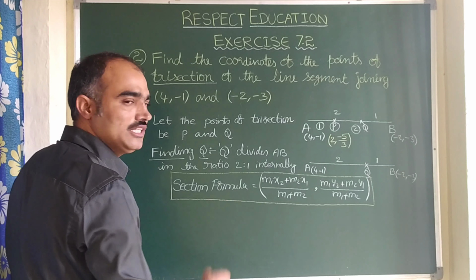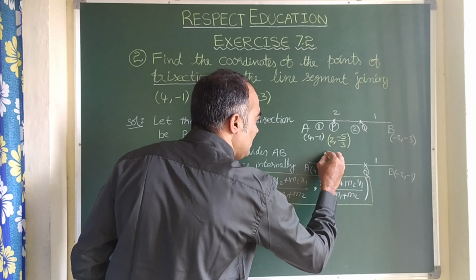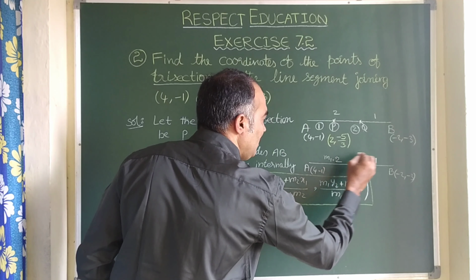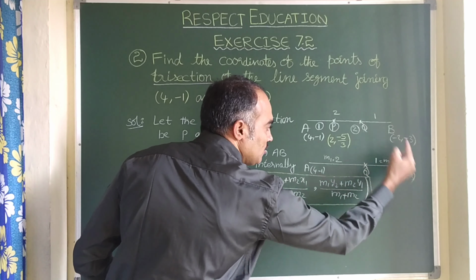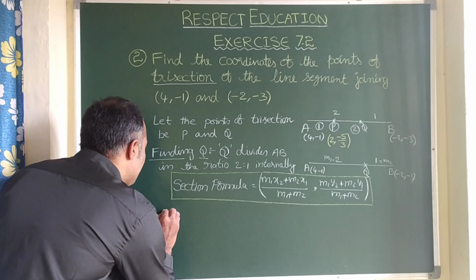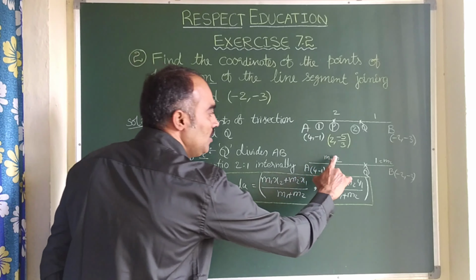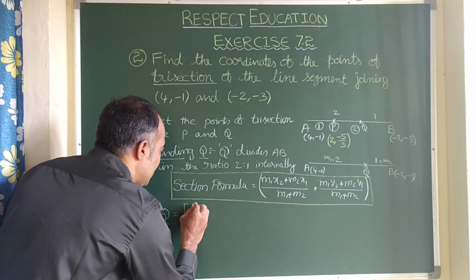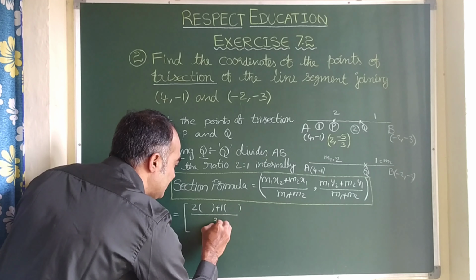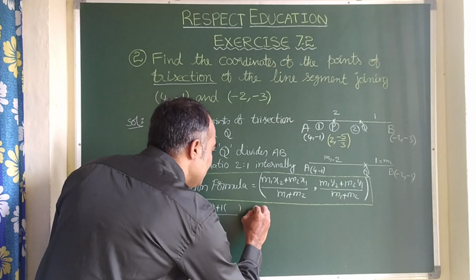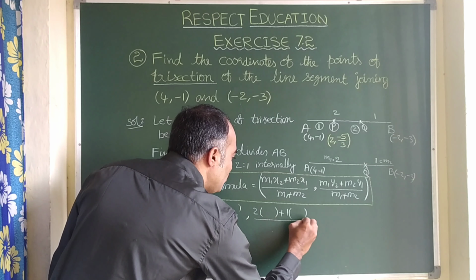Now let us substitute these values. M1 means 2, M2 means 1. This is M1, this one is M2, this is x1 y1, x2 y2. So let us find Q now. Q is equal to 2 into something plus 1 into something by 2 plus 1 is 3, and the same way for y.